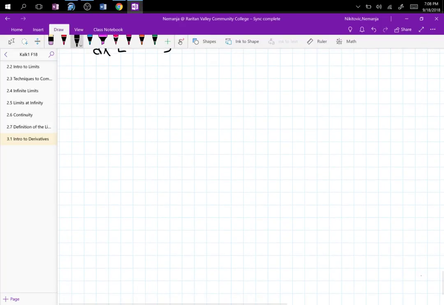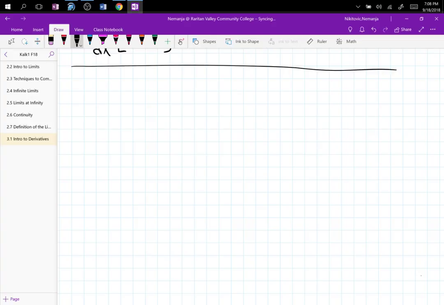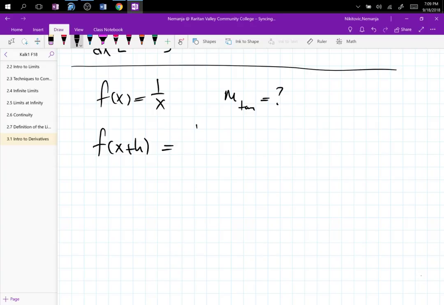Your function is 1 over x, and you are looking for tangent slopes. All right, so your f of x plus h is 1 over x plus h in a setup, right?